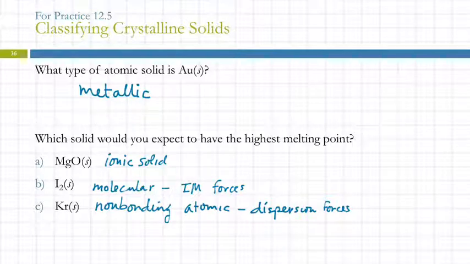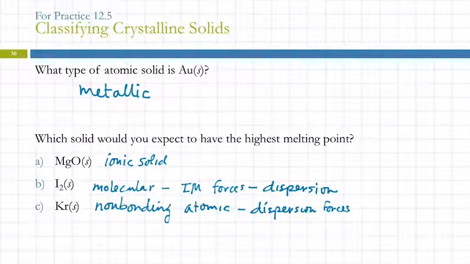How about dipole forces? Is I2 polar or nonpolar? It's nonpolar. Two iodine atoms bonded together. That bond has to be nonpolar because it's two identical atoms. This is nonpolar, so this is also held together by dispersion forces. So we've got ionic bonds, dispersion forces, and dispersion forces.